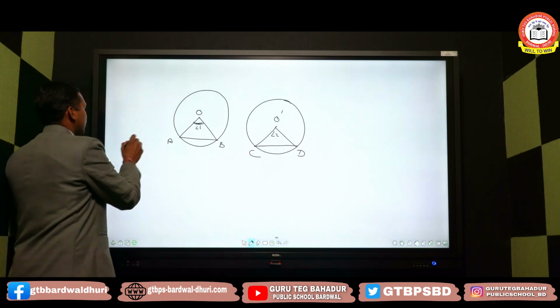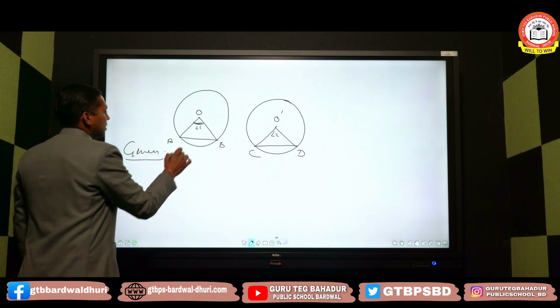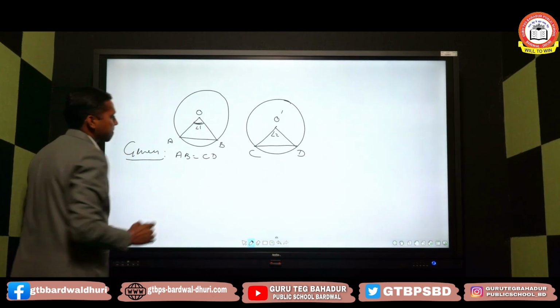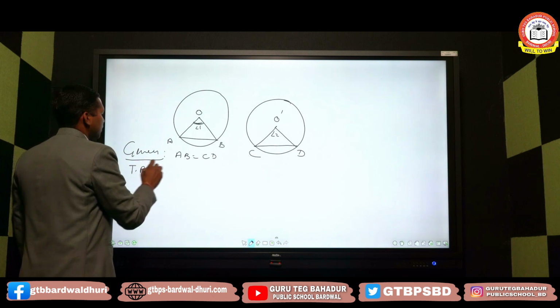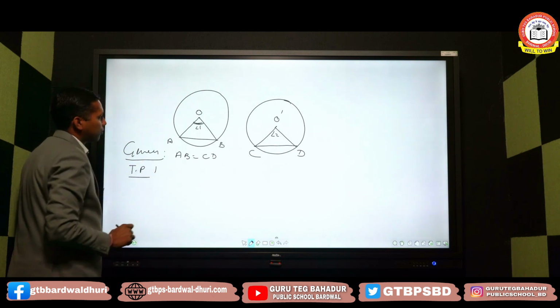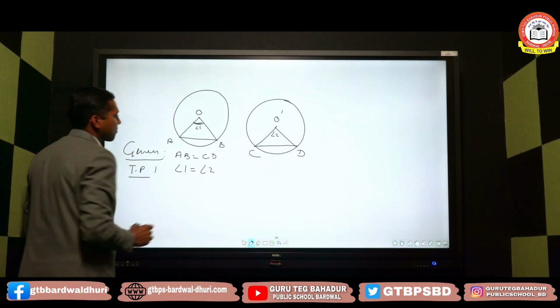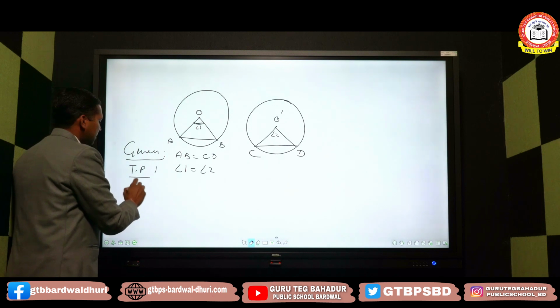What we have first of all is AB is equal to CD. What we have to prove is angle 1 is equal to angle 2. How can we prove it? Let's see.